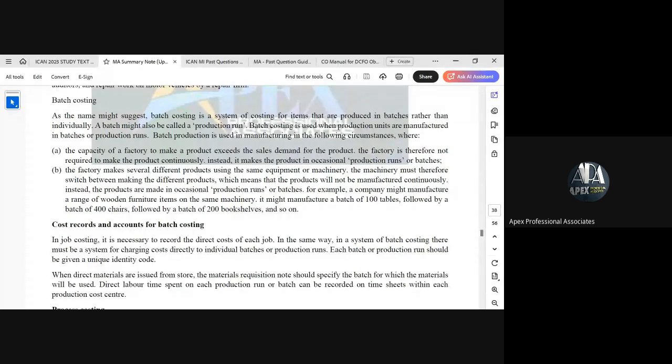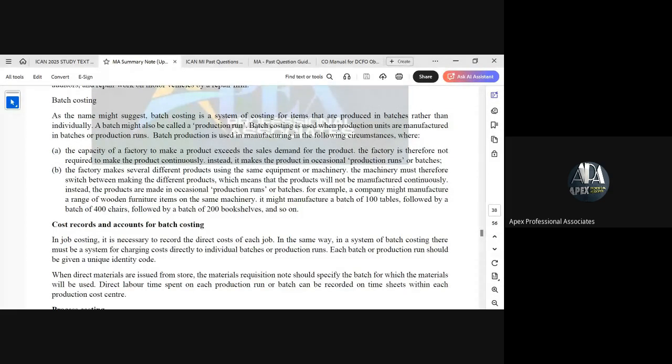So now back to batch costing. When a factory can make products that exceed what their sales demand is, then they can decide to use batch production. It's also called production runs. Then another reason is if they make different products using the same machine. You can use the same machine for different products.